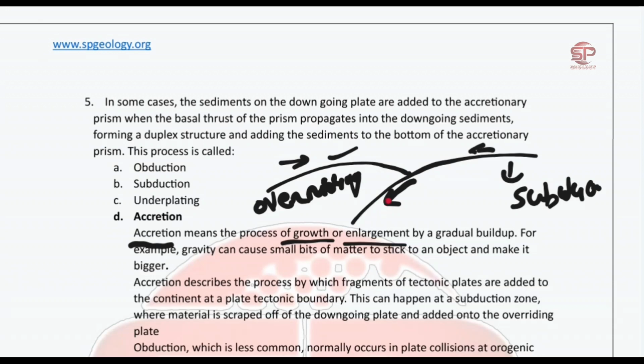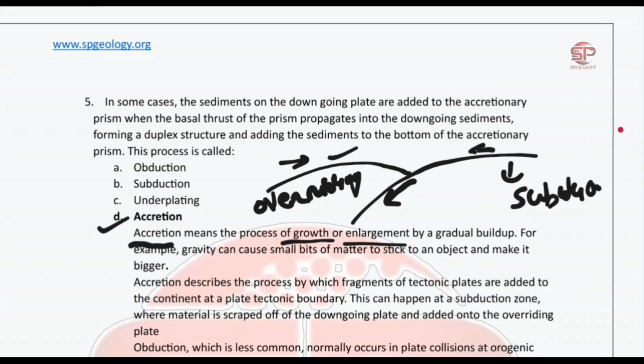So material will be removed because of this converging motion between the overriding plate and the subducted plate, and that material is added at the base of the accretionary prism. That's how the accretionary prism grows. That process is called accretion. So accretion also means the gradual buildup of sediments.